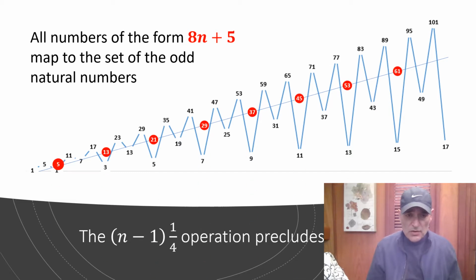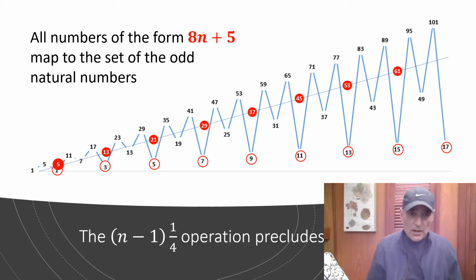So you see that these numbers beginning with 5 and separated by 8 are obviously infinite: 5, 13, 21, 29, and so on. And these have a mapping to every odd integer. So 5 minus 1 divided by 4 equals 1, 13 minus 1 divided by 4 equals 3, 21 minus 1 divided by 4 equals 5, and so on.